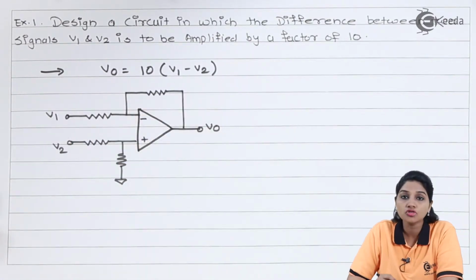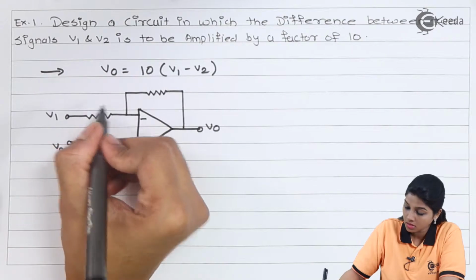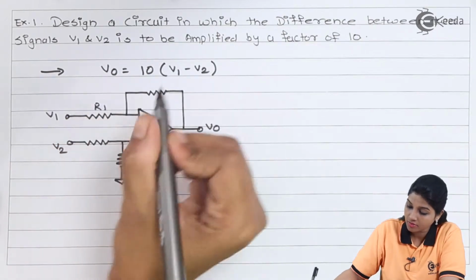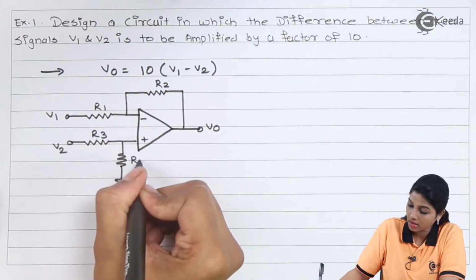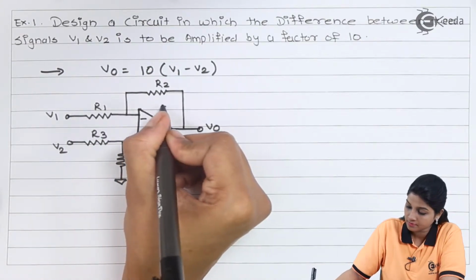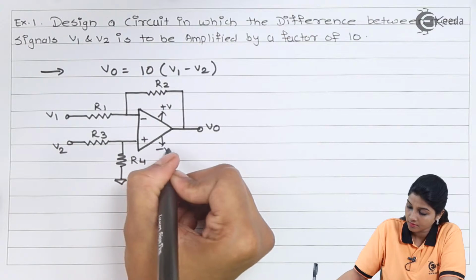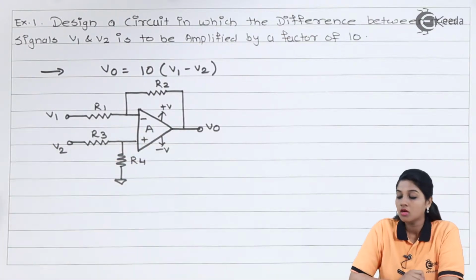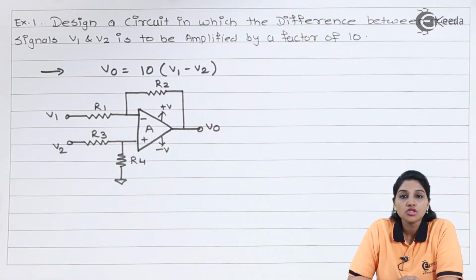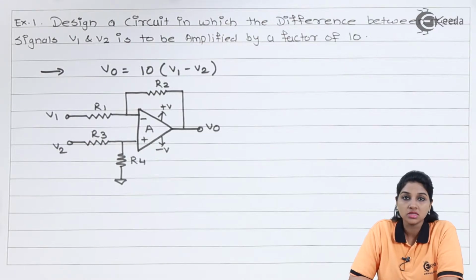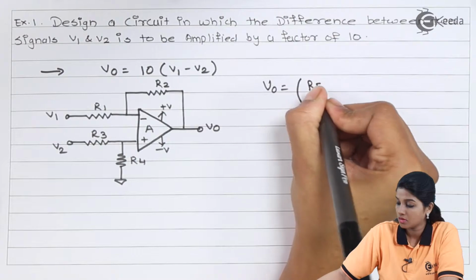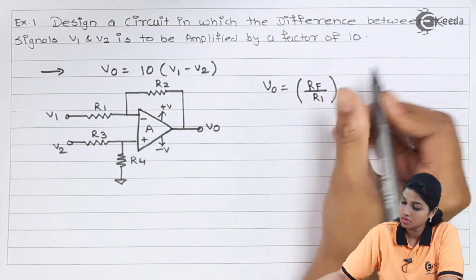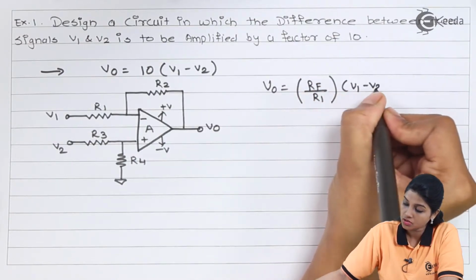So here we are having two input signals V1 and V2. Let's consider this is resistor R1, R2, R3 and R4. So we know that the equation of difference amplifier is given by VO is equals to RF by R1 into V1 minus V2.